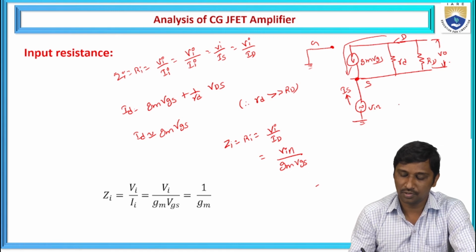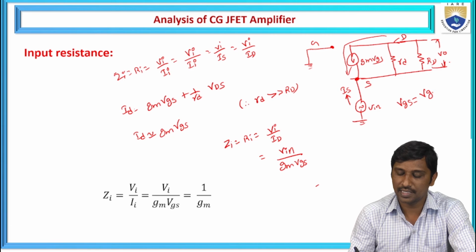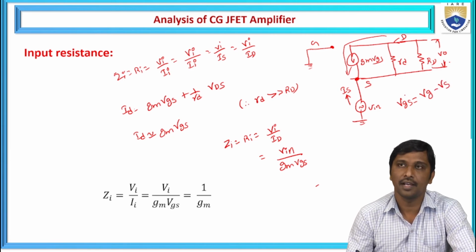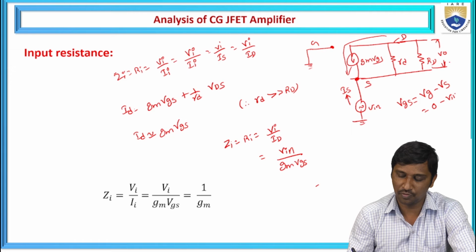Again, from this circuit, VGS is written as the potential difference between the gate voltage and the source voltage. From this configuration, we know that the gate voltage is 0, and Vs is nothing but Vin.